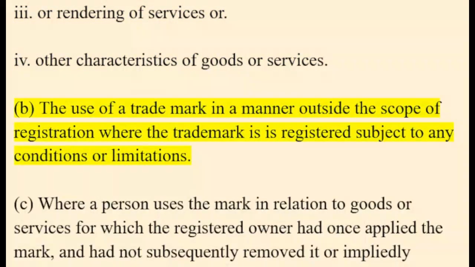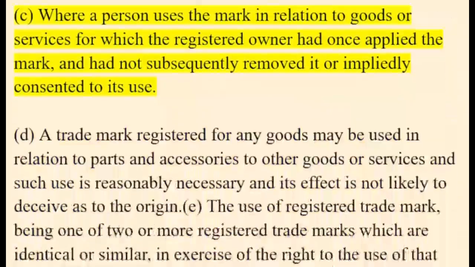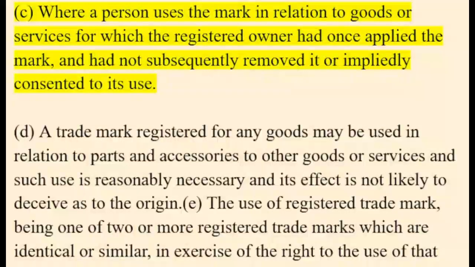b. the use of a trademark in a manner outside the scope of registration where the trademark is registered subject to any conditions or limitations. c. where a person uses the mark in relation to goods or services for which the registered owner had once applied the mark, and had not subsequently removed it or impliedly consented to its use. d.